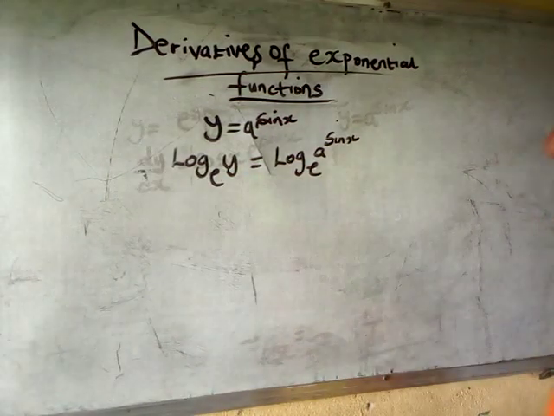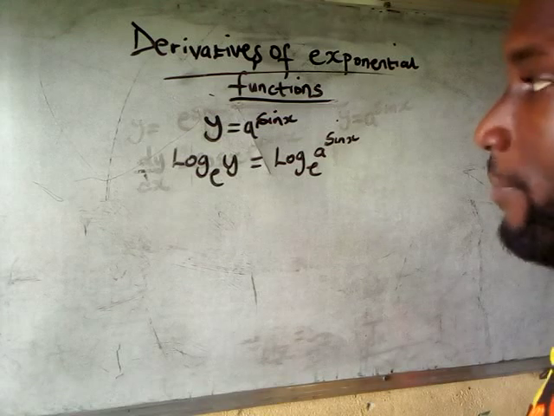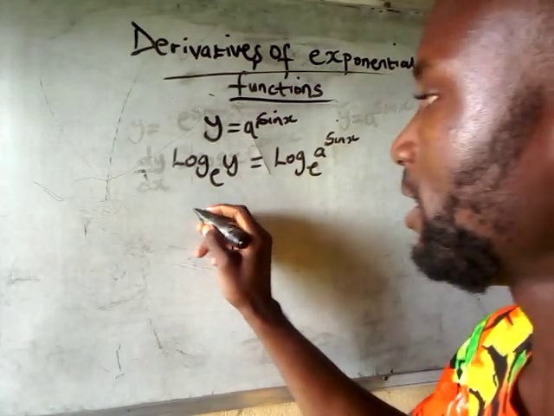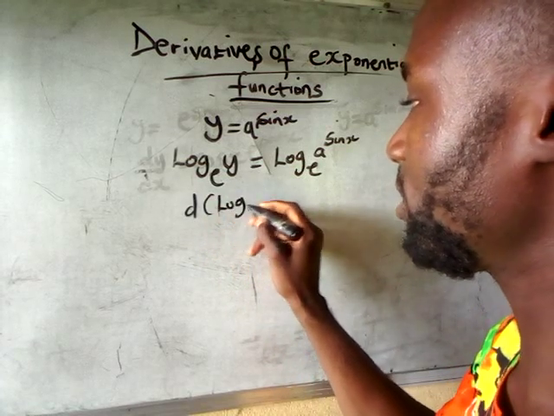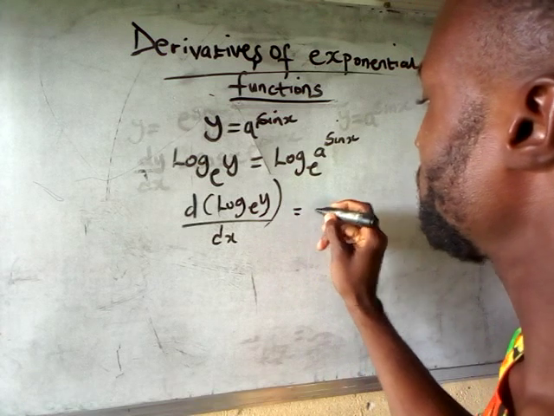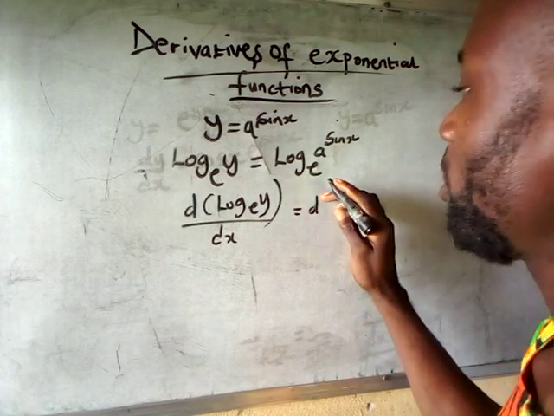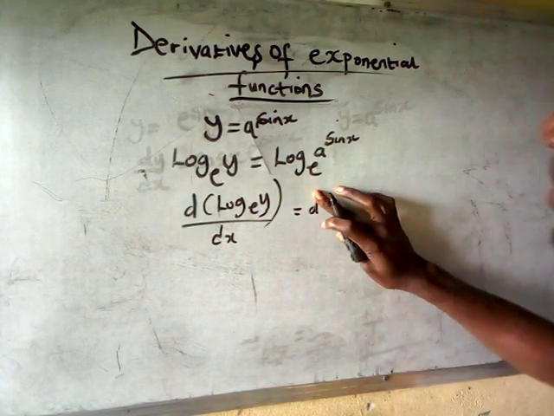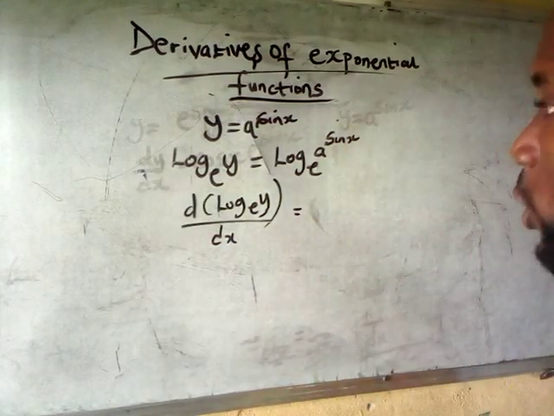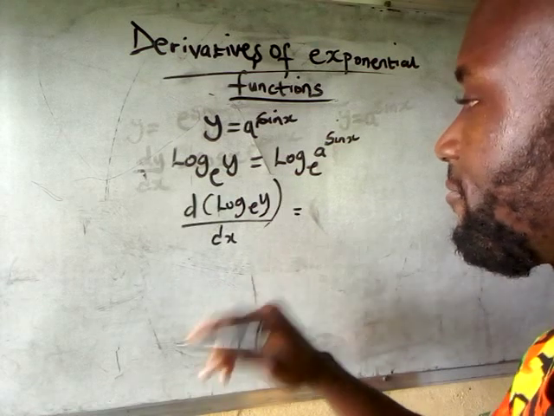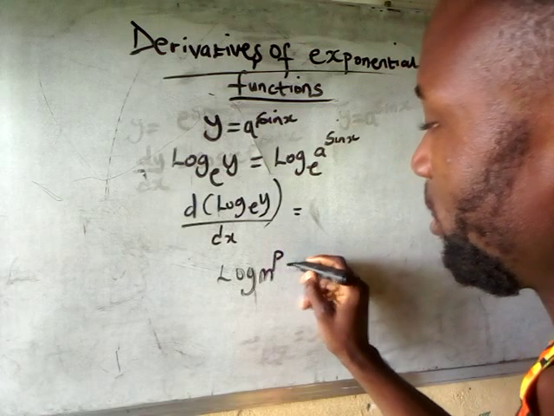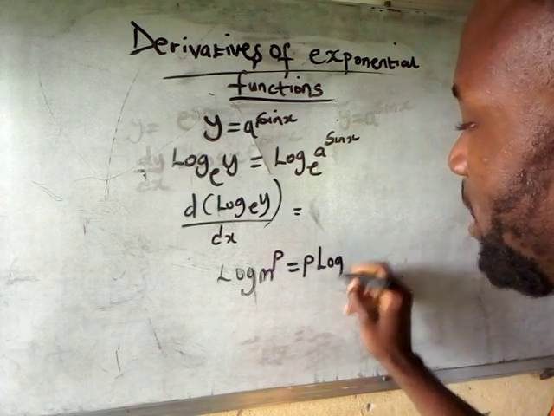Let's differentiate this with respect to x. Before I differentiate this, remember that there is a law in log that says that log m raised to power p is always equal to p log m.